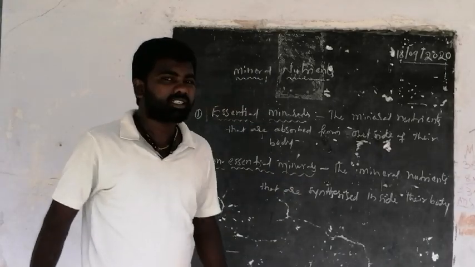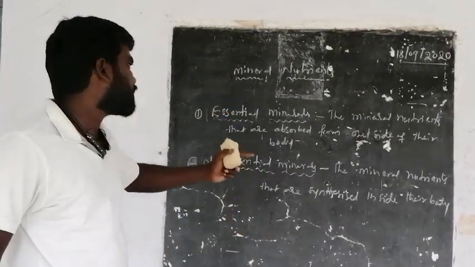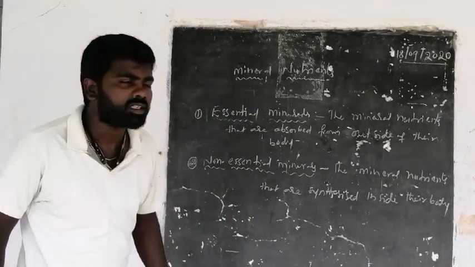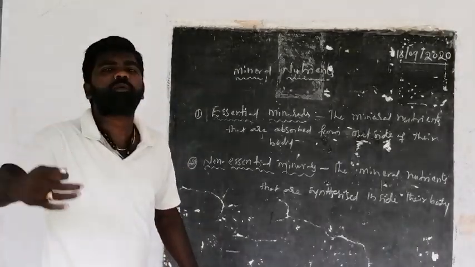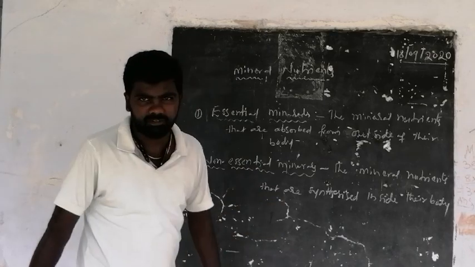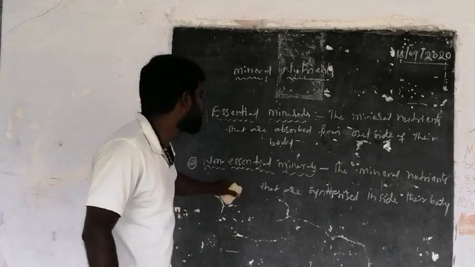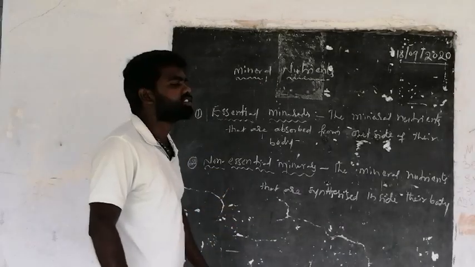Mineral nutrients that are absorbed from outside are called essential mineral nutrients, and the mineral nutrients which are developed inside their body itself are called non-essential mineral nutrients.